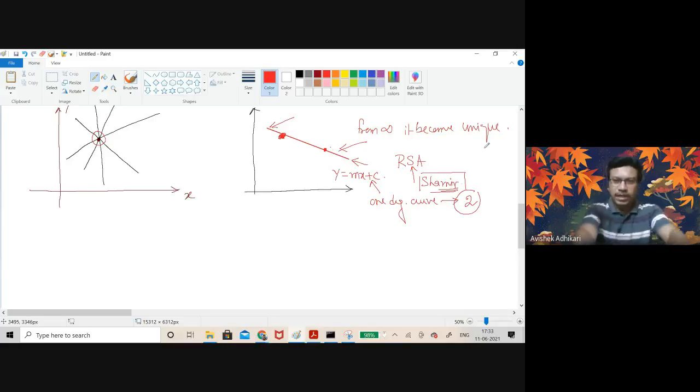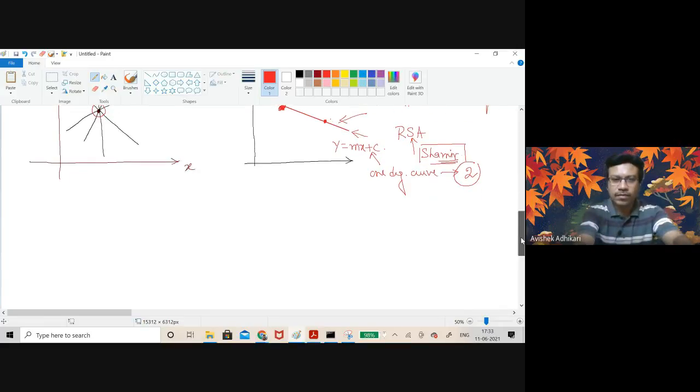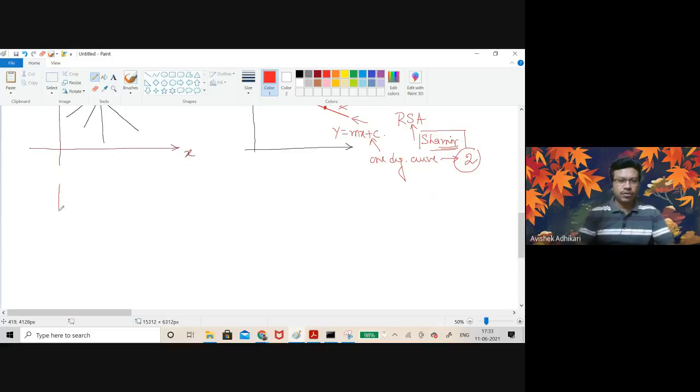Similarly, in case of a 2 degree curve, you understand that it must be of the parabola type, so y equals ax square plus bx plus c, whatever the equation may be. So this will look like some parabola, a 2 degree curve.